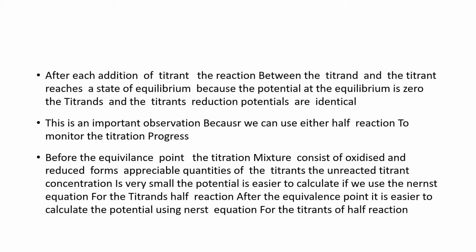The potential is easier to calculate if we use the Nernst equation for the titrand half reaction. After the equivalence point, it is easier to calculate the potential using the Nernst equation for the titrant half reaction.